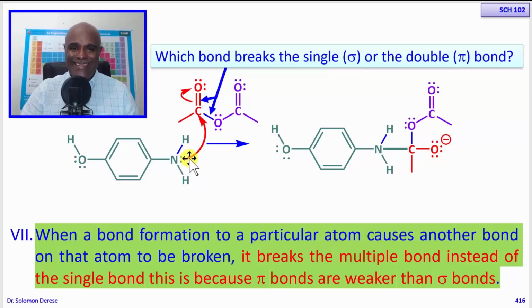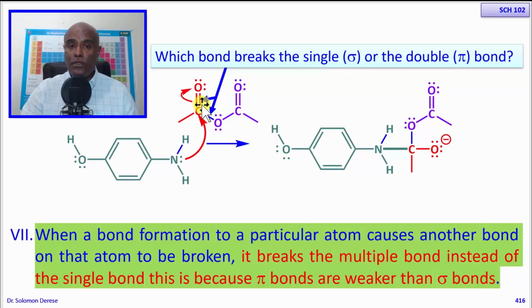As a result, the product that's going to form will be this one. When the nitrogen of 4-aminophenol attacks the electrophilic carbonyl carbon of acetic anhydride, so as to not violate the octet rule of the carbon, a bond has to break.